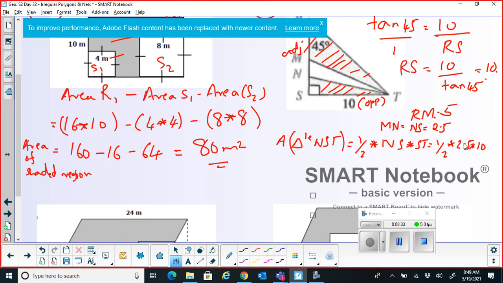So you'll have 12.5 square units. Okay, this is the first part.